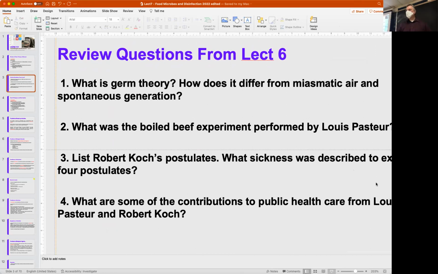Boiled beef experiment. Don, Lindsay, Amy, Cass, here's a question for you. What was the boiled beef experiment by Pasteur?